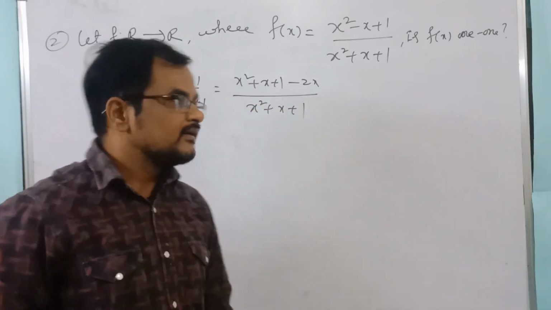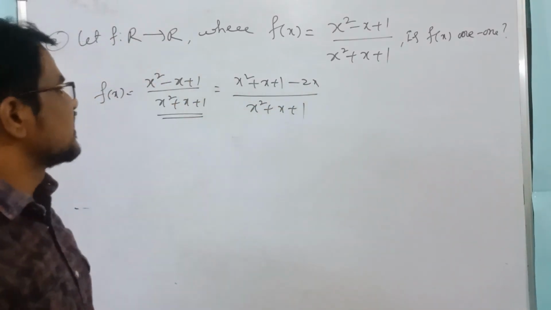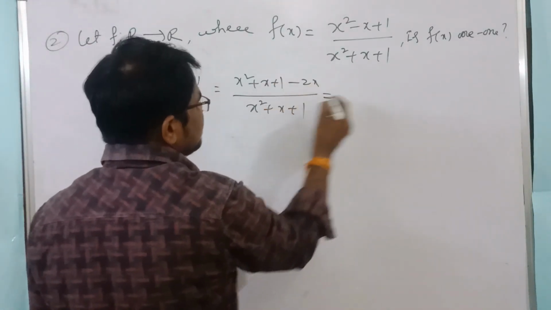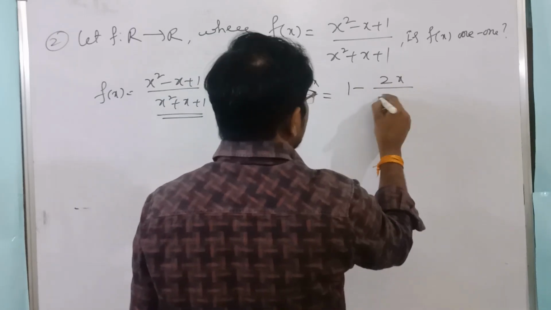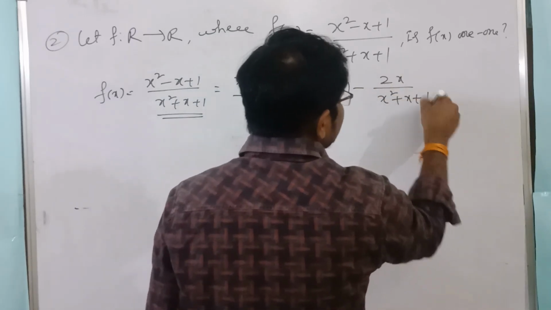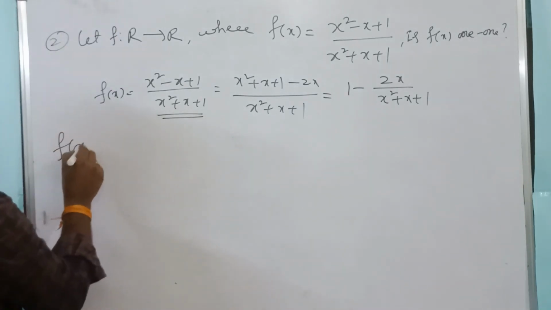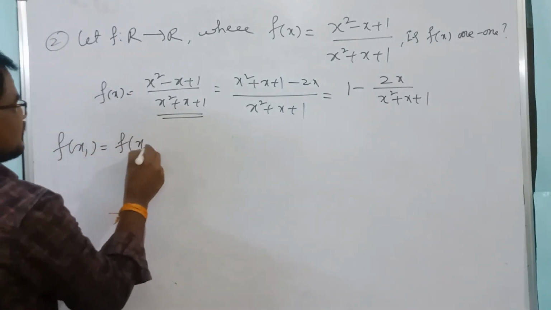Plus x minus 2x is minus x only. Again it can be written as 1 minus 2x by x square plus x plus 1. Now take f of x1 equal to f of x2.